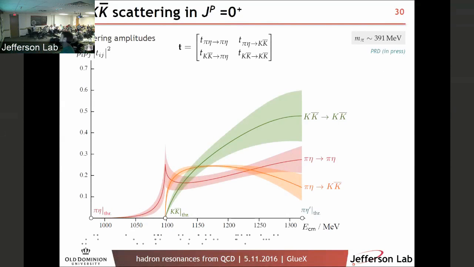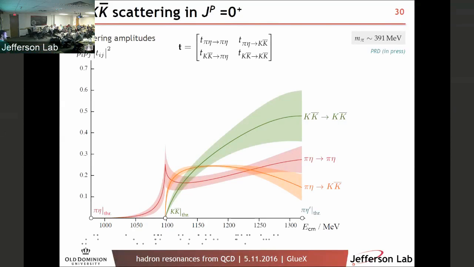Here I'm plotting the T matrix: pi eta to pi eta, pi eta to kk bar, and kk bar to kk bar. What I'm showing you here is essentially the magnitudes of the elements of that matrix. This particular combination is pretty much proportional to the scattering cross-section. So what do you see? Pi eta to pi eta is in red.